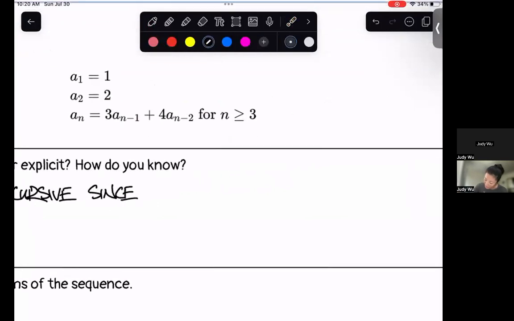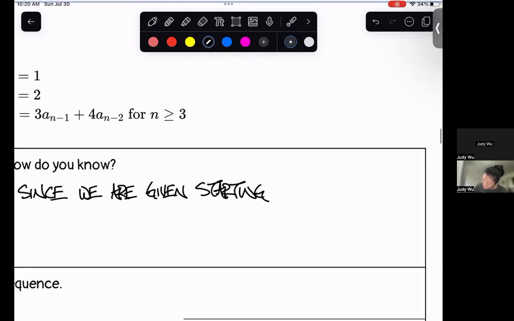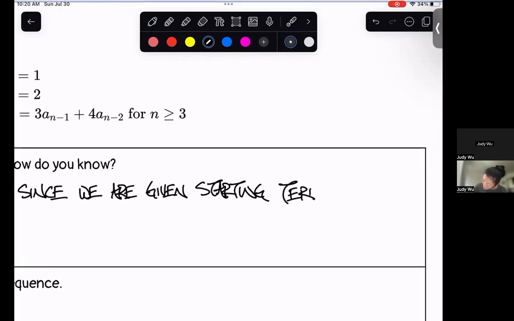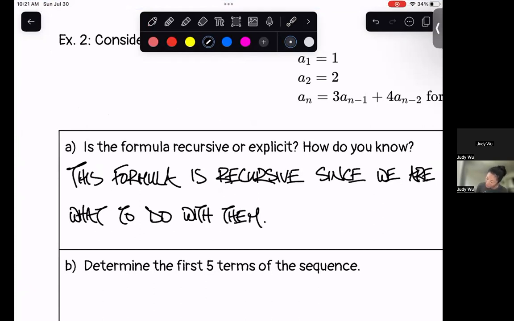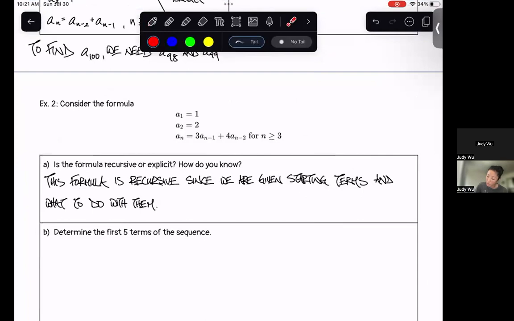Okay, so what I mean by what to do with them is I just plug in n for 3, 4, 5, 6, 7, 8, 9, and that'll help me find all of the terms.